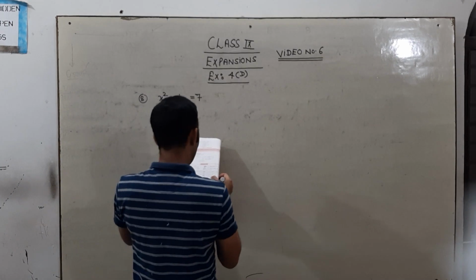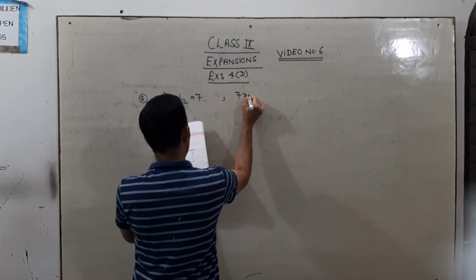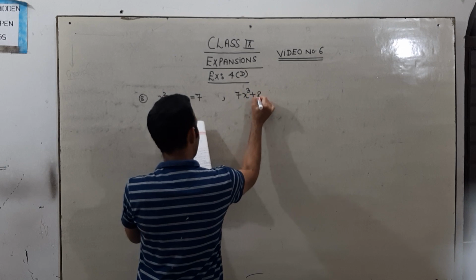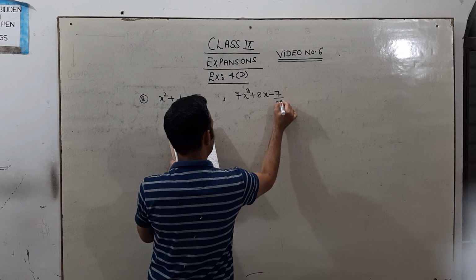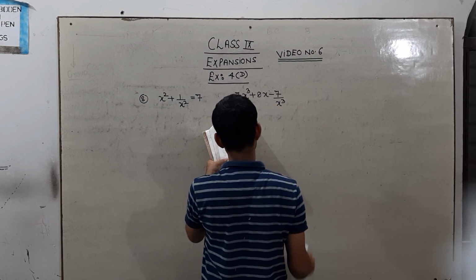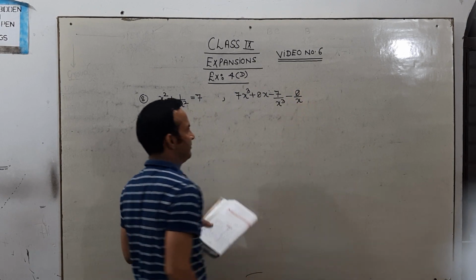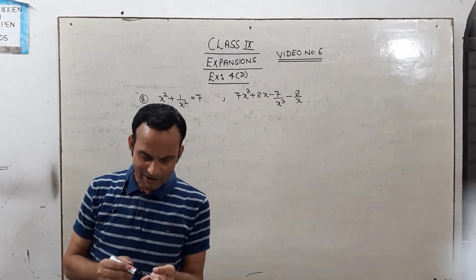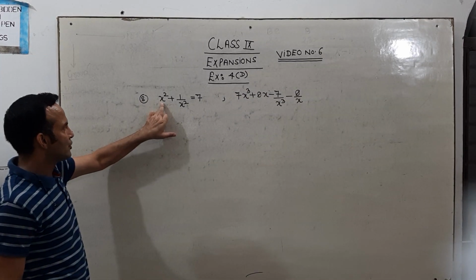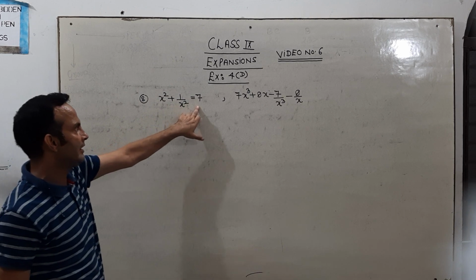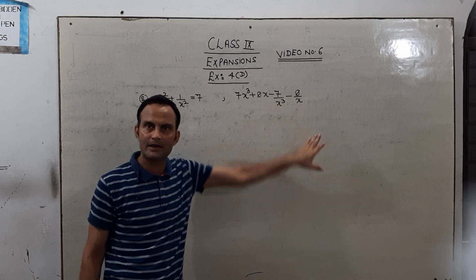Find the value of 7x cube plus 8x minus 7 upon x cube minus 8 upon x. This is an important problem, my dear students. See here. When the value of x square plus 1 upon x square is 7, then find out the value of 7x cube plus 8x minus 7 upon x cube minus 8 upon x.